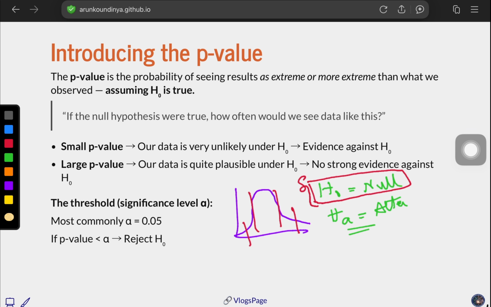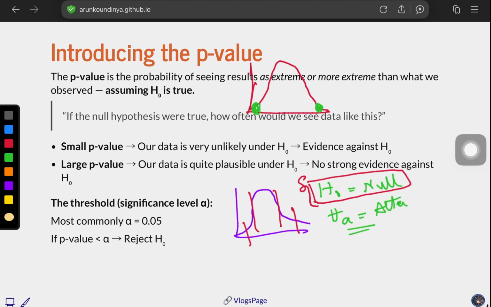And so that's why we see this distribution, say for example here, this is my normal distribution. Now assume that we have collected sample data, but the mean of the population is coming here or here.